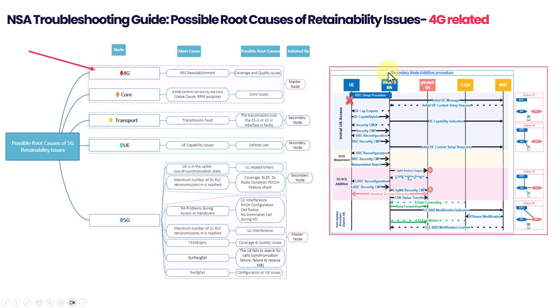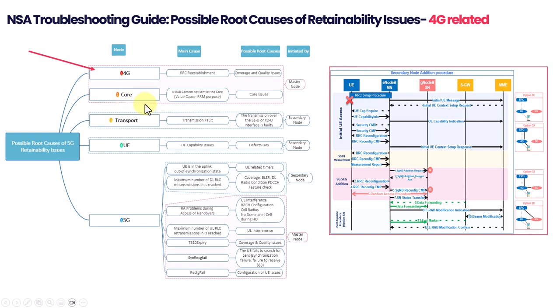This is whenever, for example, you have a pure issue after the SgNB addition success, on the radio coverage or quality, and you have a reestablishment issue, this will release your 5G as well. And this release is initiated by the master node, and for sure your connection is lost.